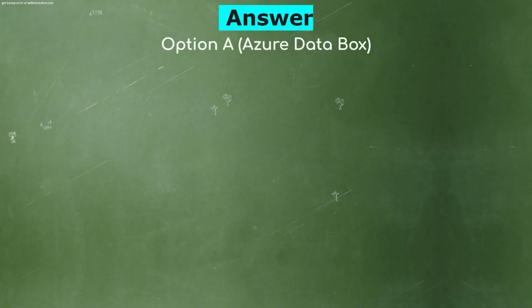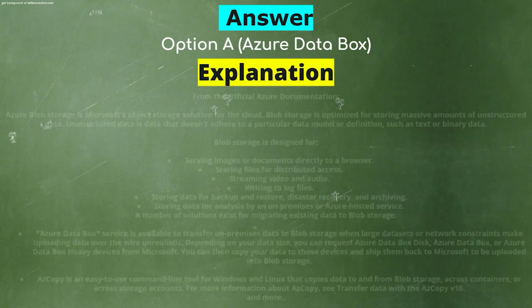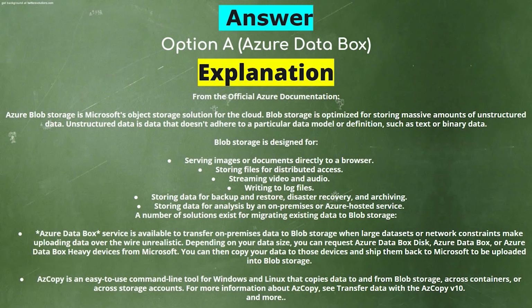Azure Data Box. Explanation. From the official Azure documentation, Azure Blob Storage is Microsoft's object storage solution for the cloud. Blob storage is optimized for storing massive amounts of unstructured data. Unstructured data is data that doesn't adhere to a particular data model or definition, such as text or binary data.